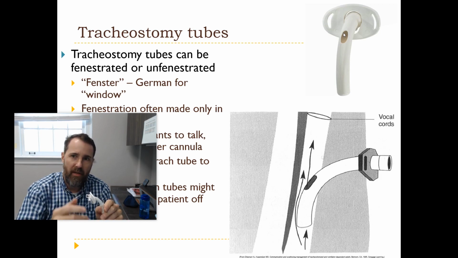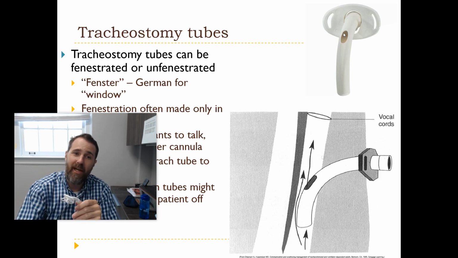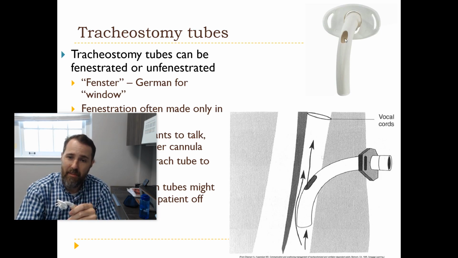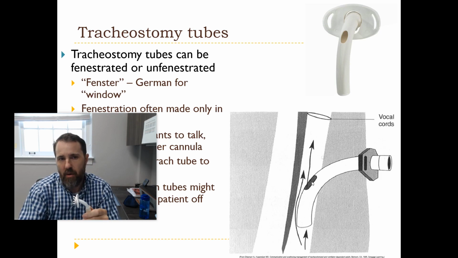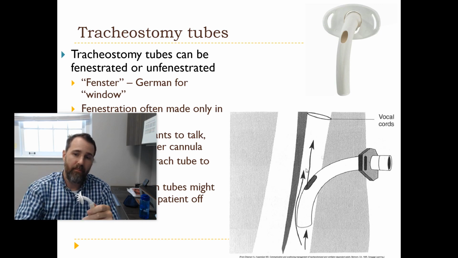But if we just talk about the presence of the fenestration in the outer cannula, as in this image or down here, you can see that having that hole there allows the inspiratory or expiratory airflow to pass more easily through the natural airway.